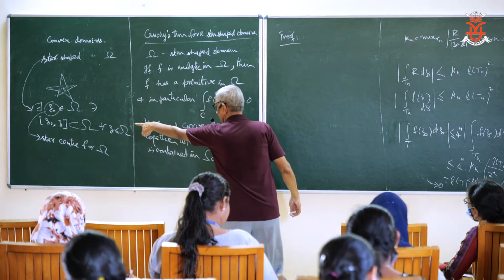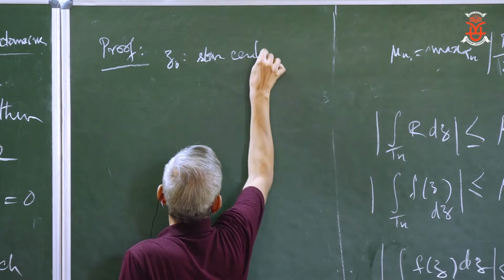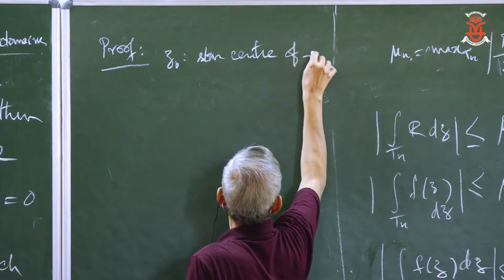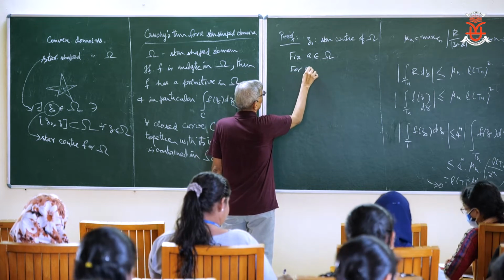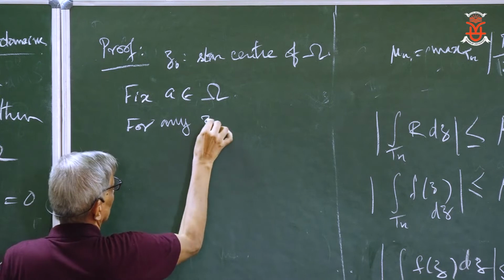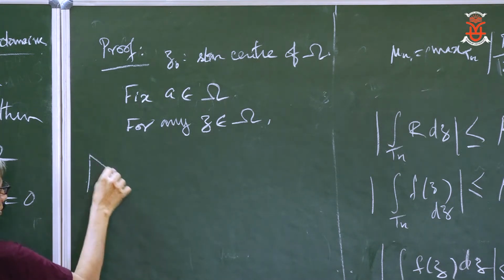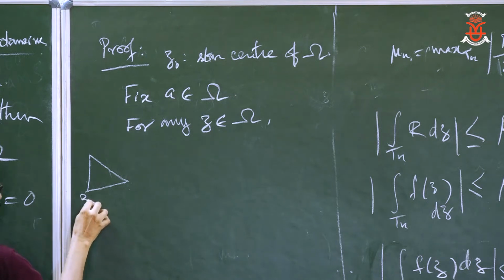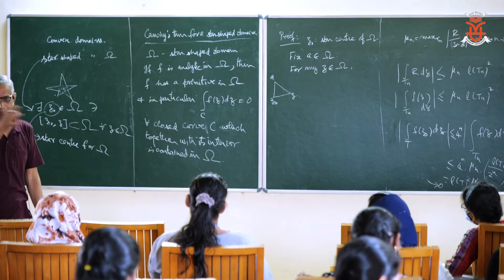So take the star center. For any z, consider the triangle formed by Z0, A and Z. Z0 is the star center, A is some fixed point, Z is an arbitrary variable point.